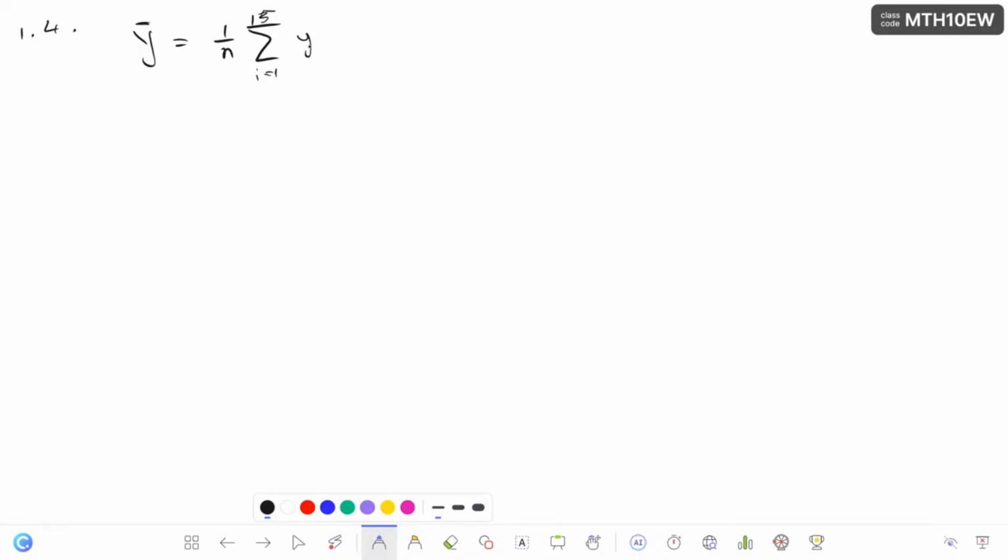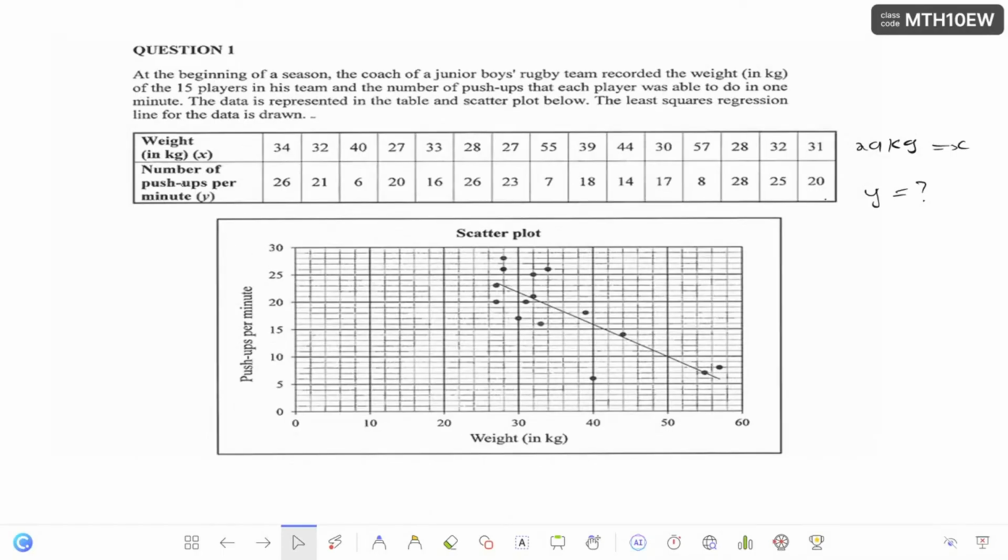Then we're going to sum everything, sum the number of data that is there for push-ups. So we are going to say 1 over 15 is equal to, so you're going to use your data. Since we want to find the mean number of push-ups per minute, we're going to add everything here. Then after that we divide everything by 15 because it's 15 players.